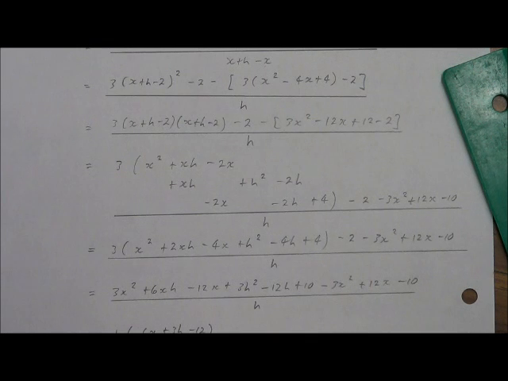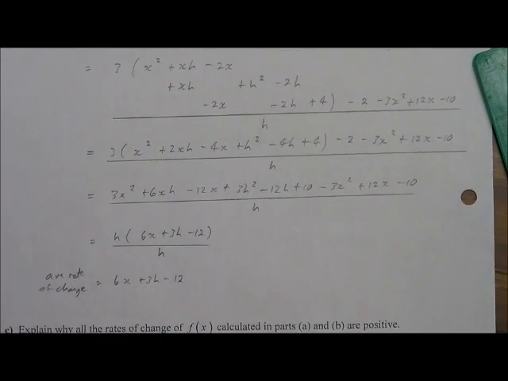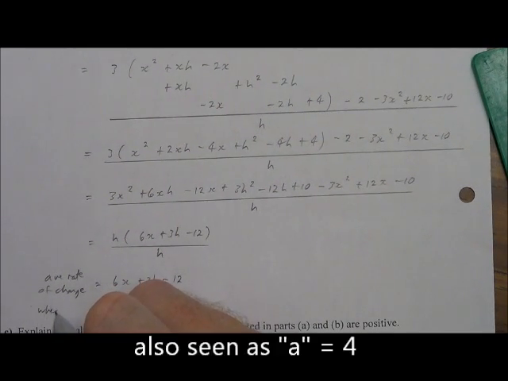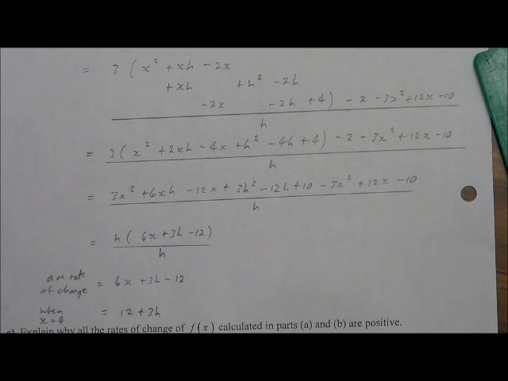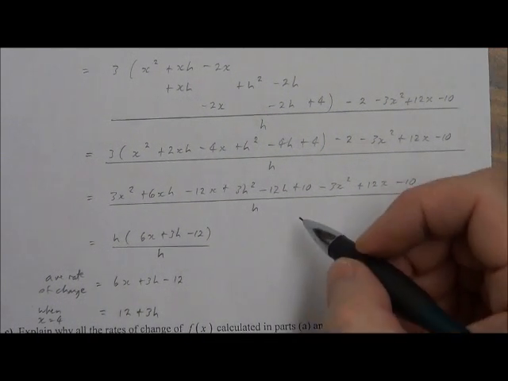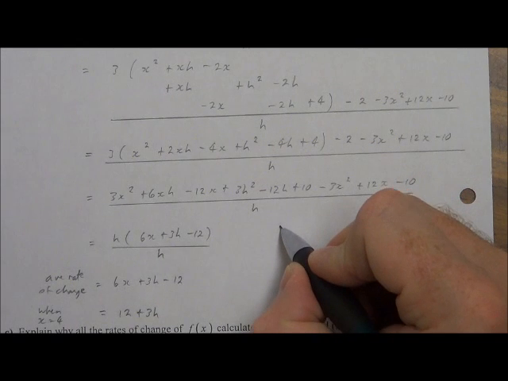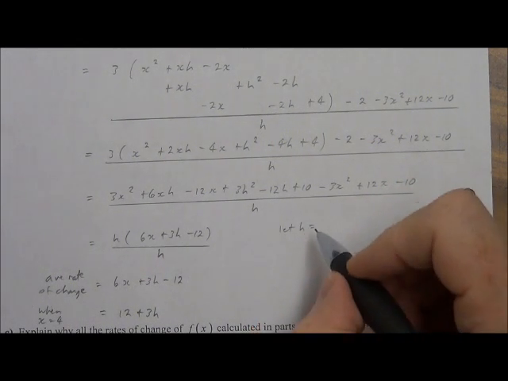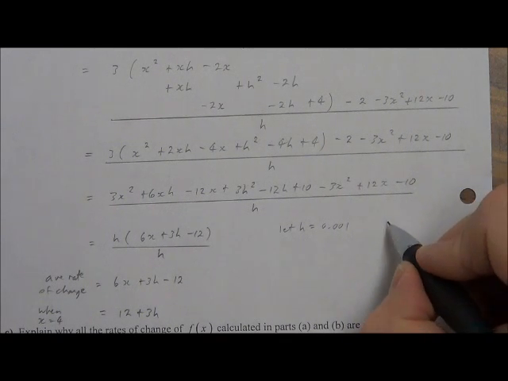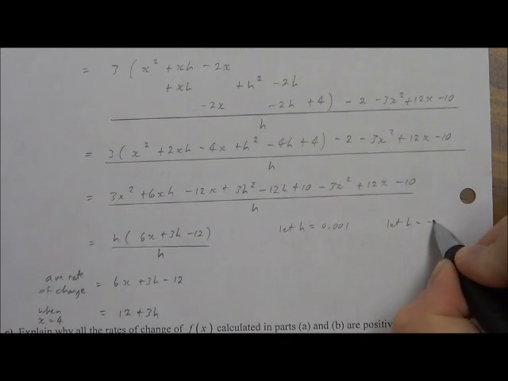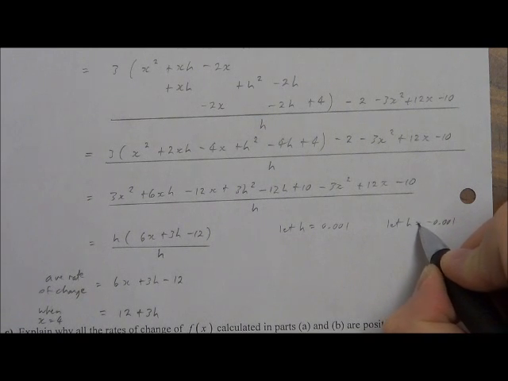Now when x equals 4, the average rate of change, I substitute 4 into this and simplify, so we get 12 plus 3h. Then what I'm going to do is let h equal 0.001 for the following interval, and let h equal negative 0.001 for the preceding interval.